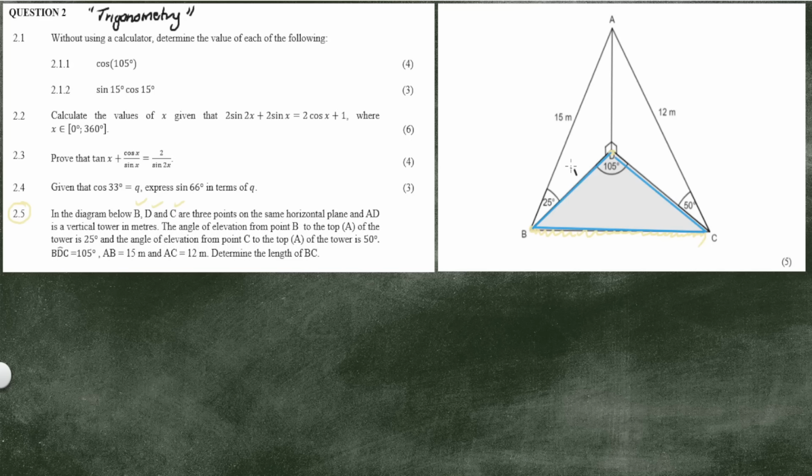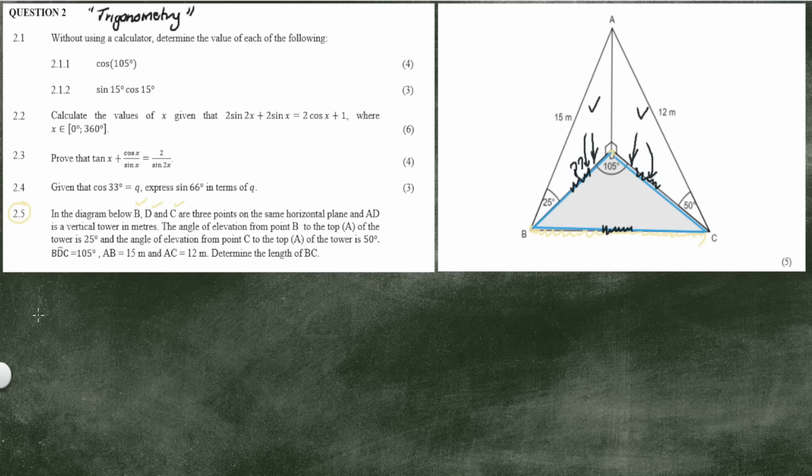First of all, we need to find the length BD, this length here. Then we also need the length DC, this length here. Once we have those lengths, I can use the cosine rule to calculate BC afterwards. So I'm going to start off by using this triangle to work out this side, and use this triangle to work out this side, and use the cosine rule for the blue triangle.